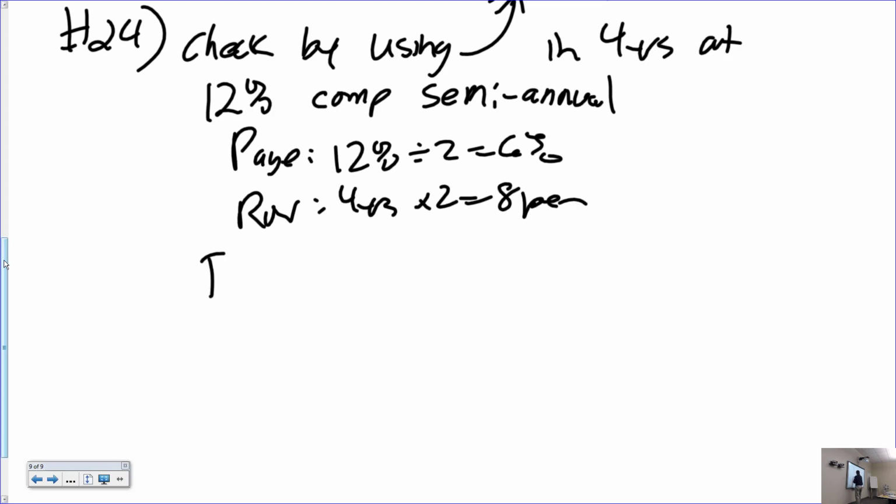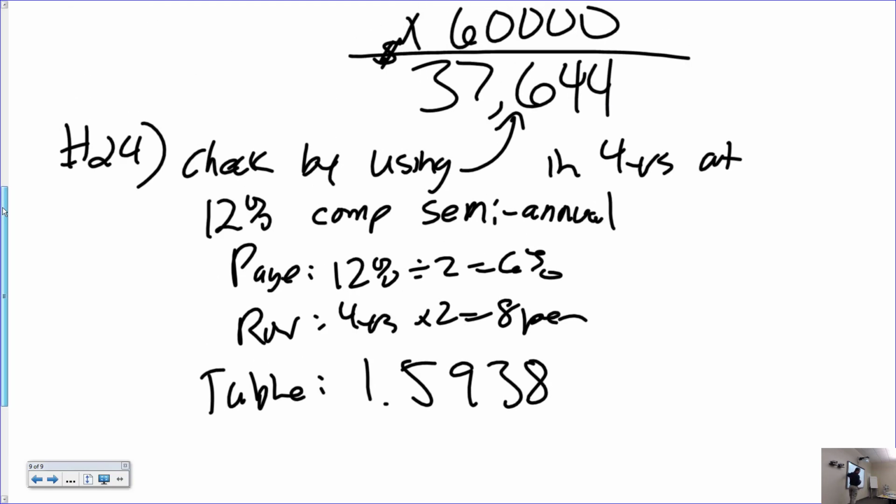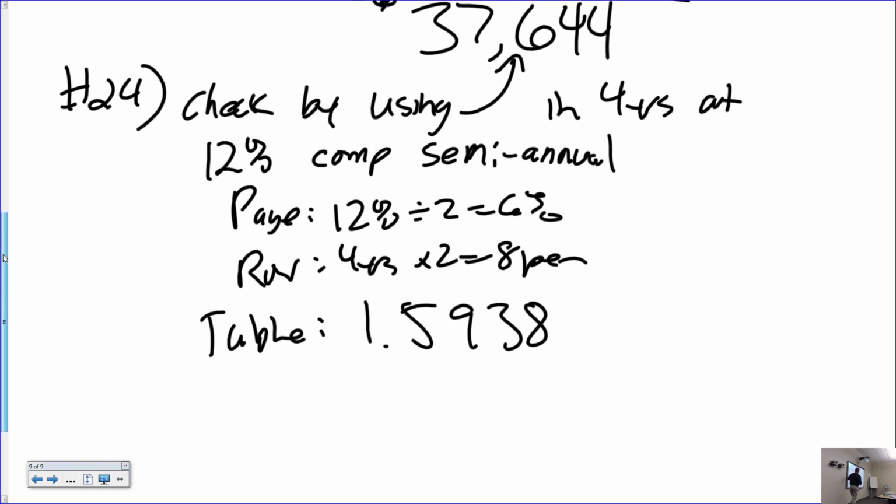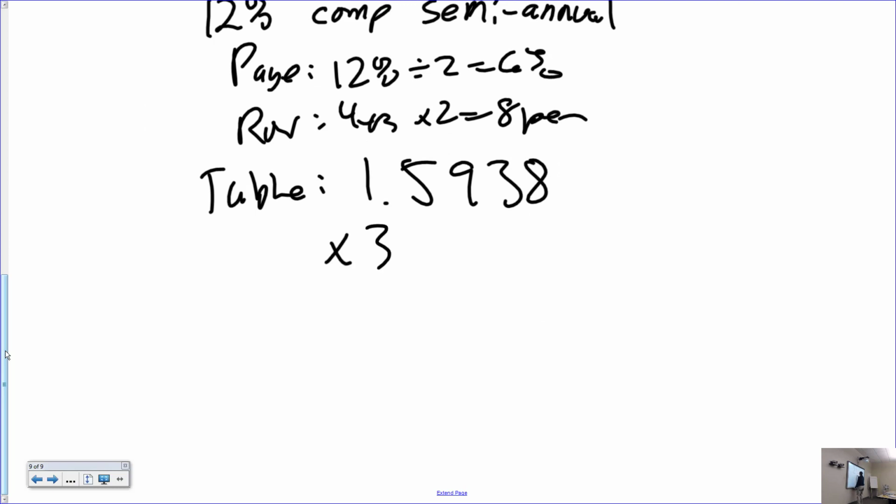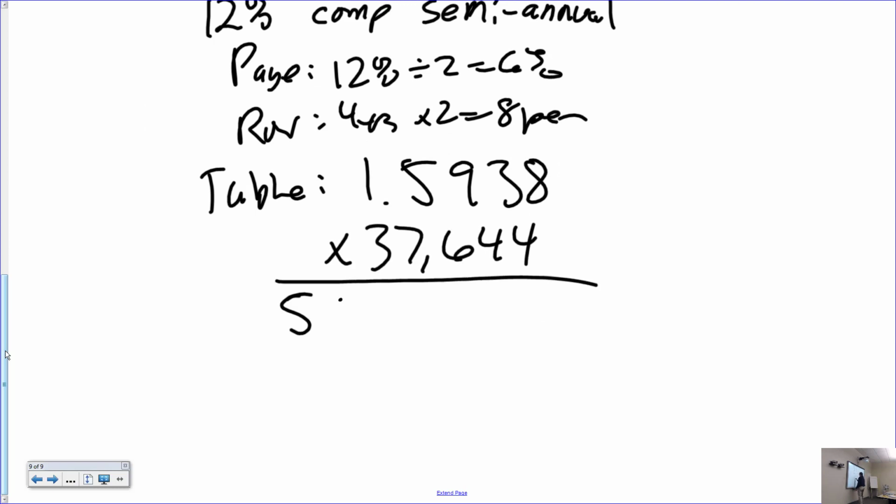Now what's our table value this time? 1.5938. Multiply by the number that you think you need, 37,644. $59,992.01. I got 97.